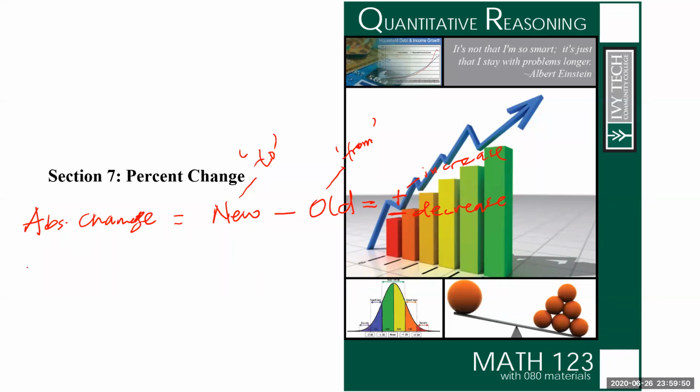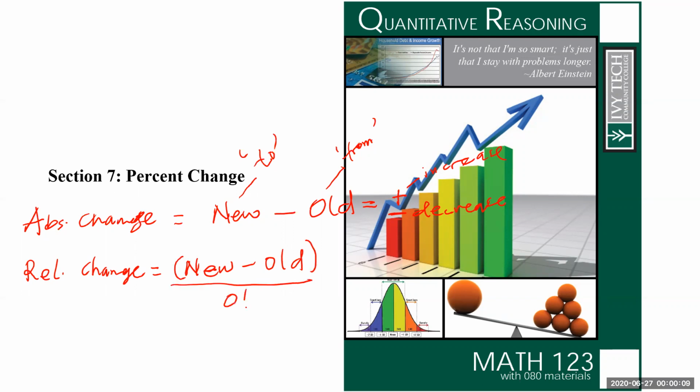Now we said that relative change is your new minus your old, and if you have to put all these numbers together, make sure you introduce parentheses before you divide by your old. Again, "to" will help you to identify your new, "from" will help you to identify your old.